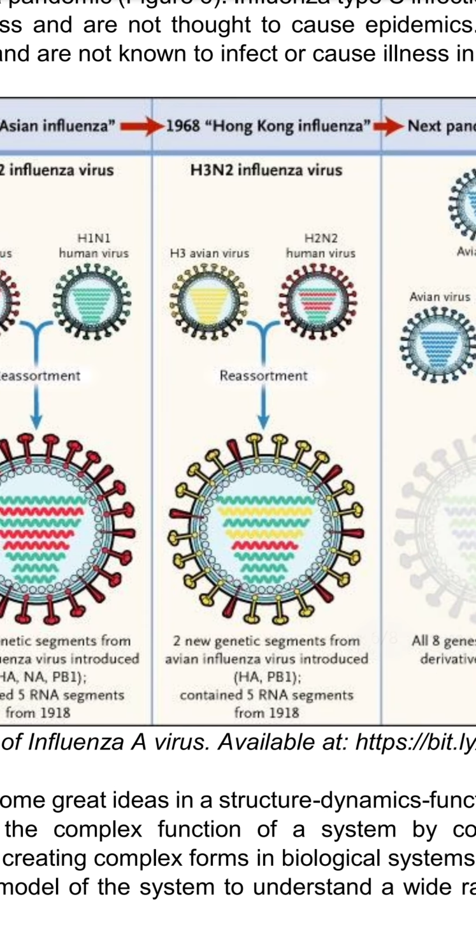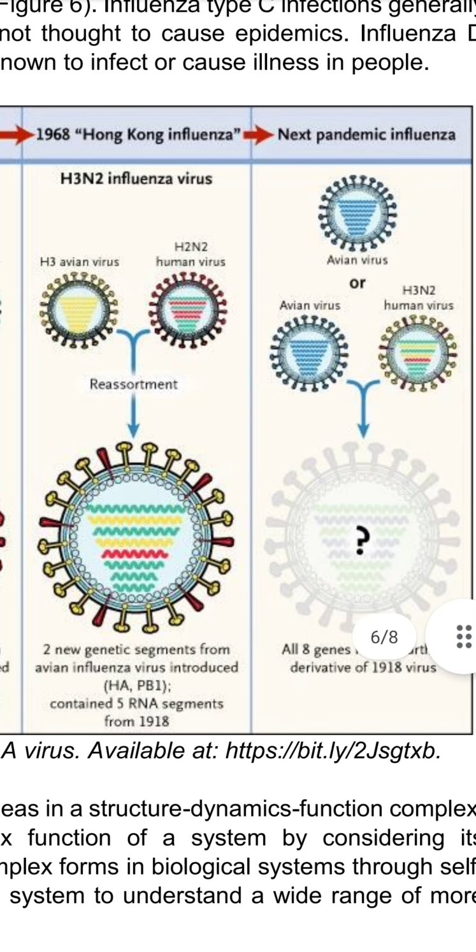In 1968, Hong Kong influenza, H3N2, H3 avian virus and H2N2 human virus. 2 new genetic segments from avian influenza virus introduced: HA and PB1. It contained 5 RNA segments from 1918.